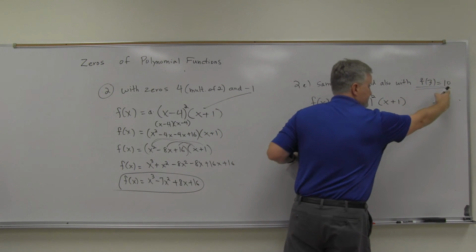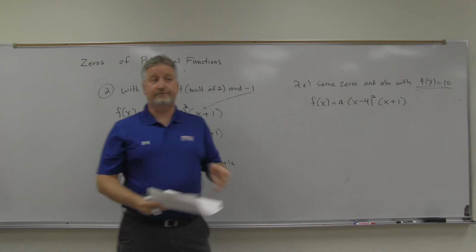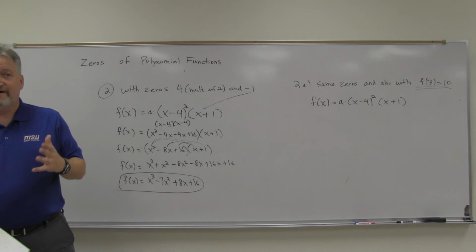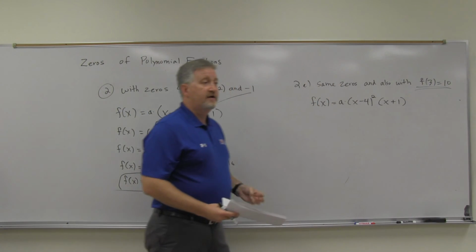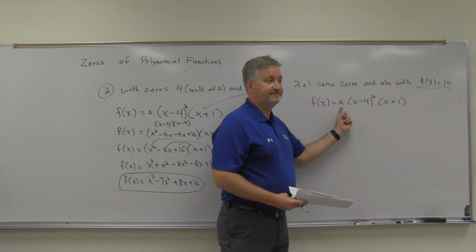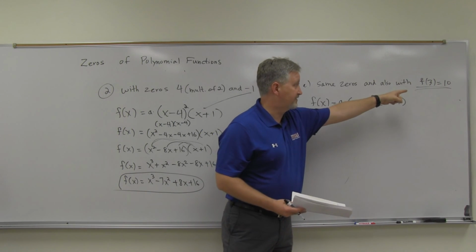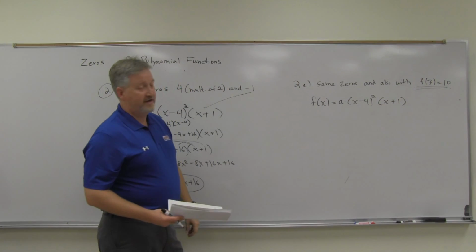But to hit this thing, I've got to add an a in front, which we've done a couple of times, right? I'm going to have to factor in an a here. And I'm going to have to figure out, based on that given information, what a is.